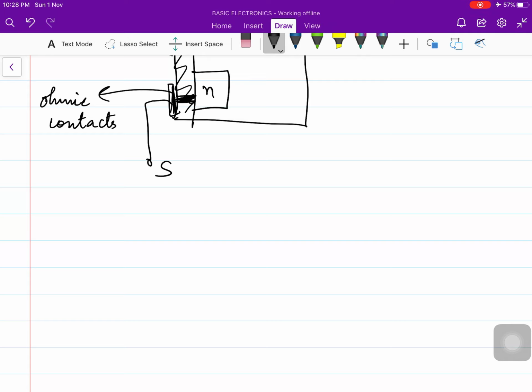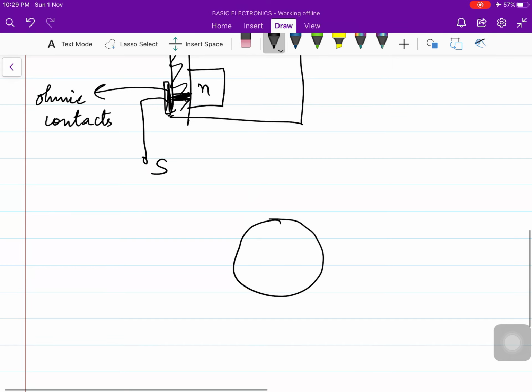Now let's draw the circuit symbol of this enhancement MOSFET. Again we will draw like this. In the previous case, that is the depletion MOSFET, we were first of all drawing a vertical line that was representing the channel. But here the channel is physically absent. So therefore we will show the channel through dotted lines because it is physically absent.